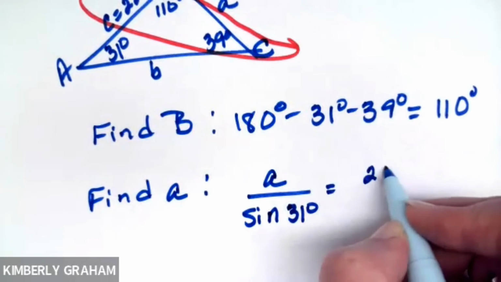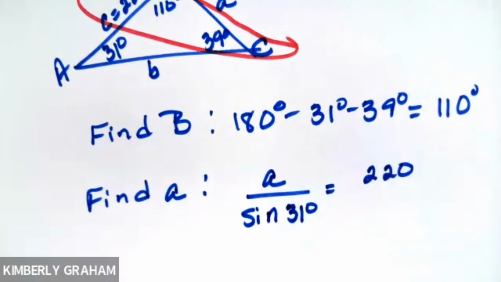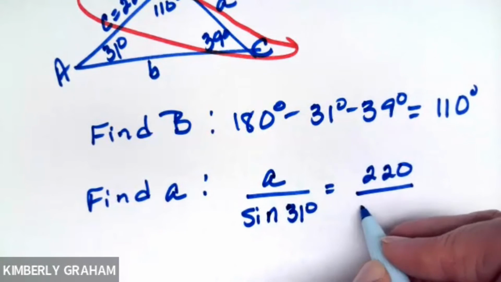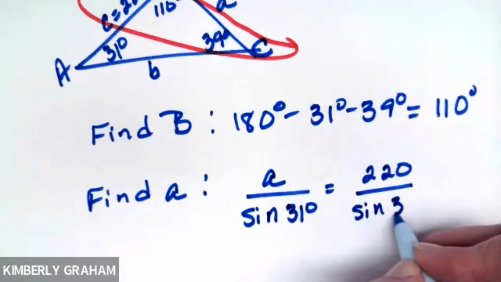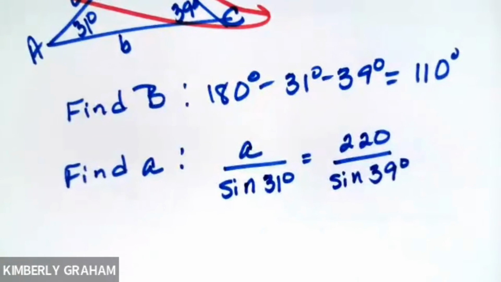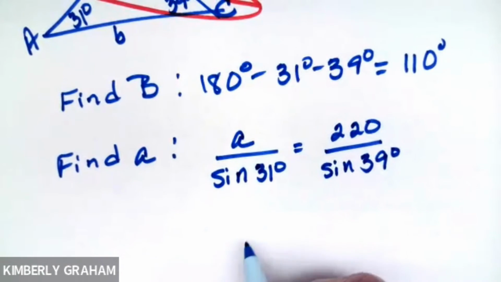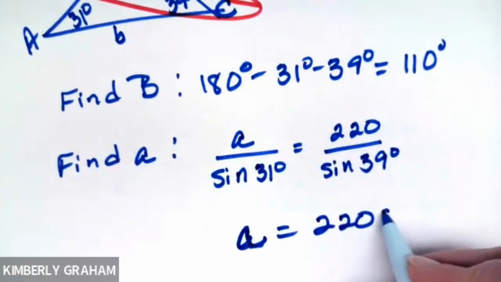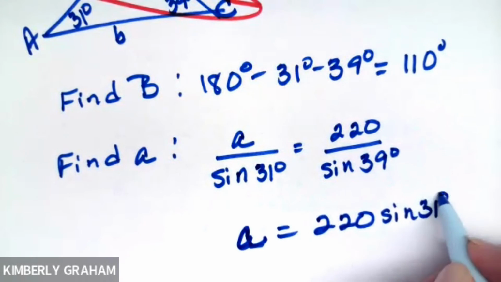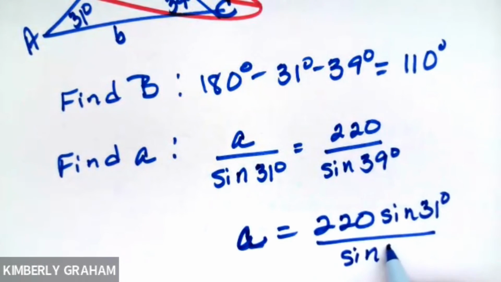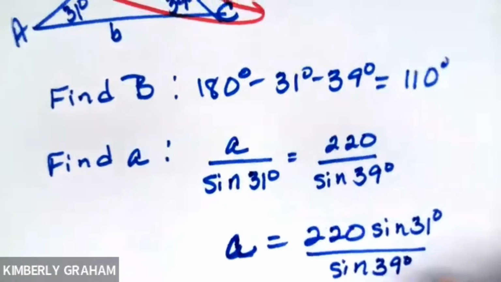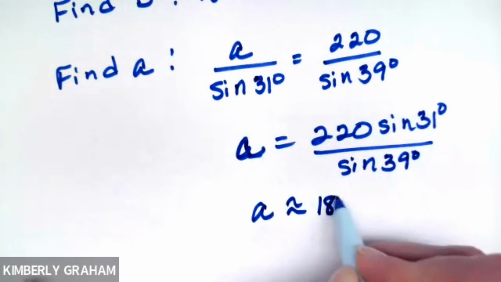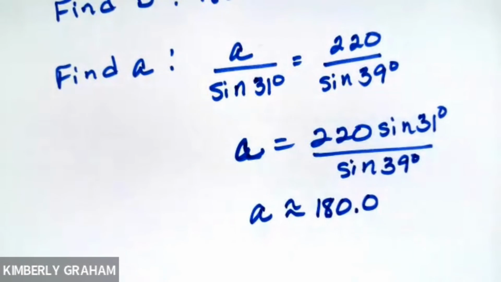And then I know my angle side pair that I'm given with the C's is 220 over sine of 39 degrees. So I can solve for A here. A is going to equal 220 times the sine of 31 divided by the sine of 39 degrees. You would stick that into the calculator and you get approximately 180.0.